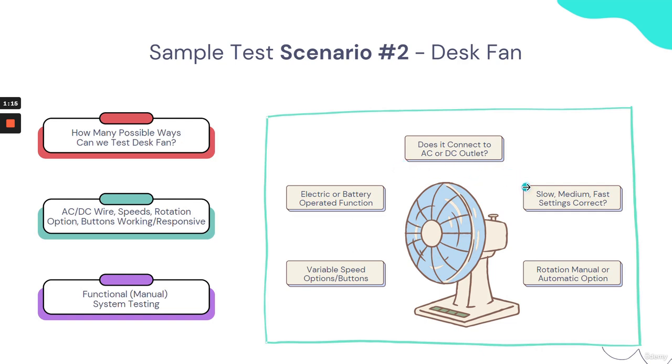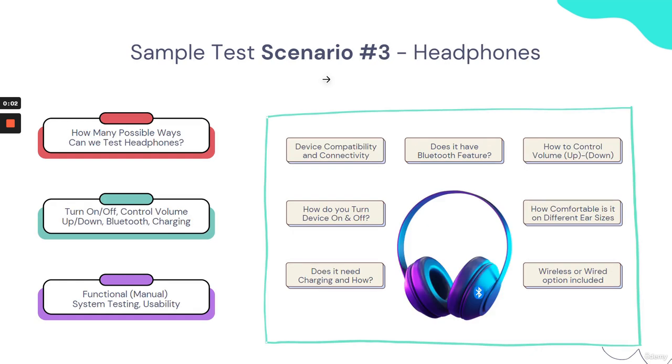And are the settings such as slow, medium, fast correct? Does it actually operate that way, or is it having an issue? As well as the rotation manual or automatic option, basically setting it to manual or automatic based on the user input or preference. Let's look at another sample software testing scenario.